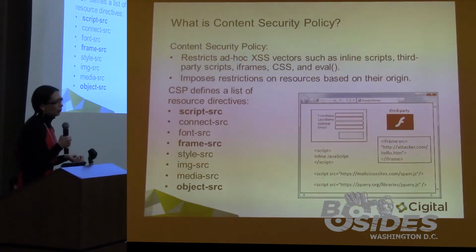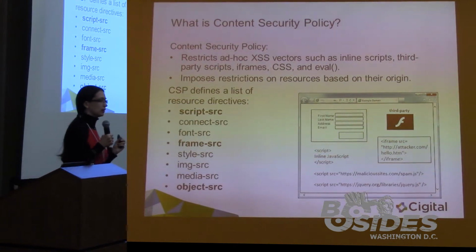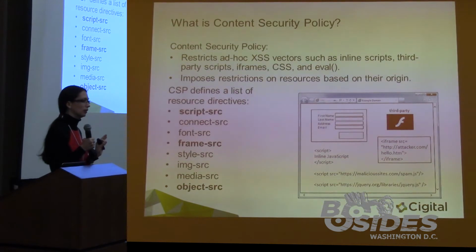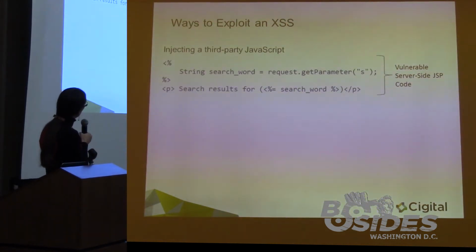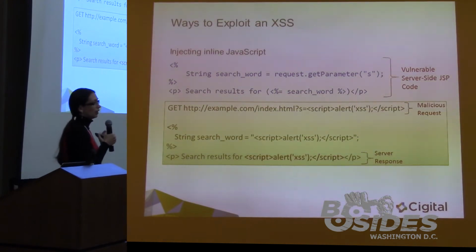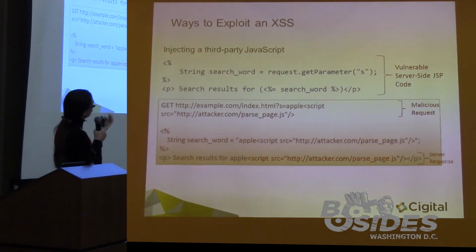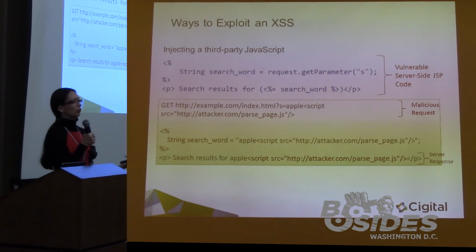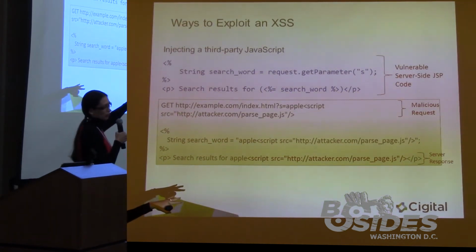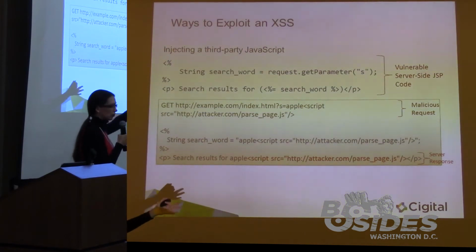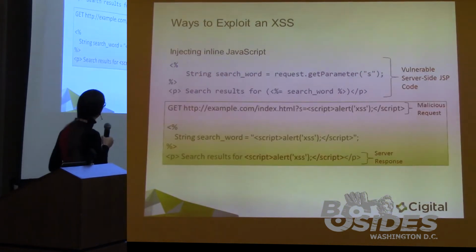And the most important thing, say, we're going to disable any inline script. Because basically, as I said, we say we're only allowing script from certain locations, right? So that's not going to work, because, okay, attacker.com is not in our whitelist.